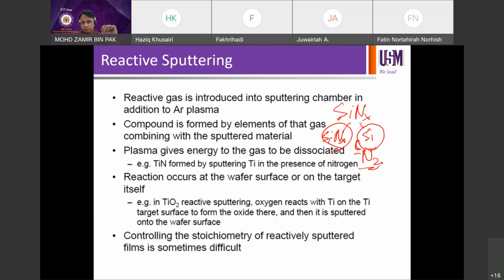You can in fact vary the stoichiometry of the process. Stoichiometry here means Si_x N_y. You can vary the stoichiometry, and as a result, you can vary the refractive index, extinction coefficient, and perhaps roughness, thickness, deposition rate and so on. Okay, and that is called reactive sputtering, and we'll discuss that topic tomorrow.